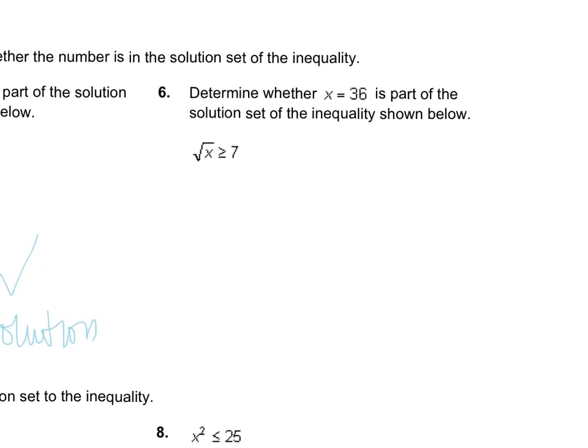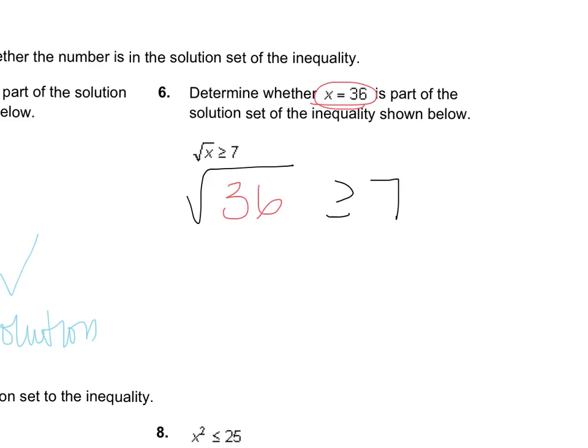So looking at number 6, just to give you some more practice with this, we can again plug it in. Whenever it wants to know if something's a solution, you can always just plug the answer choices in. It's really a good option. So I have a square root of x is greater than or equal to 7, and x equals 36.